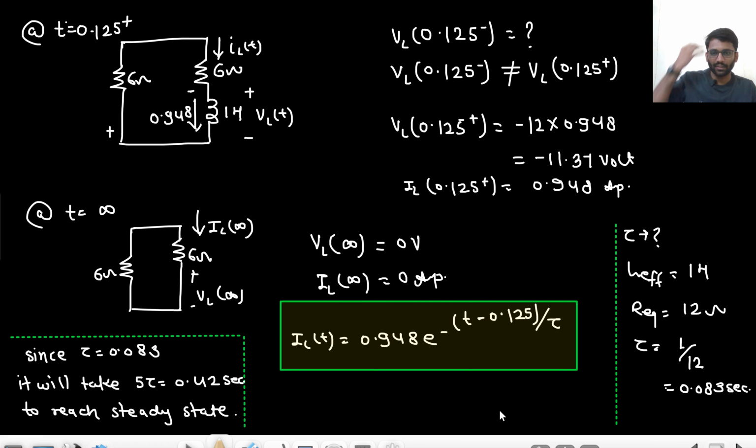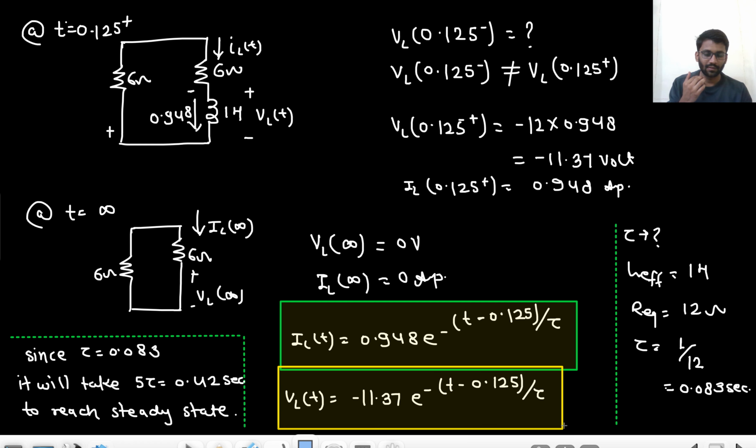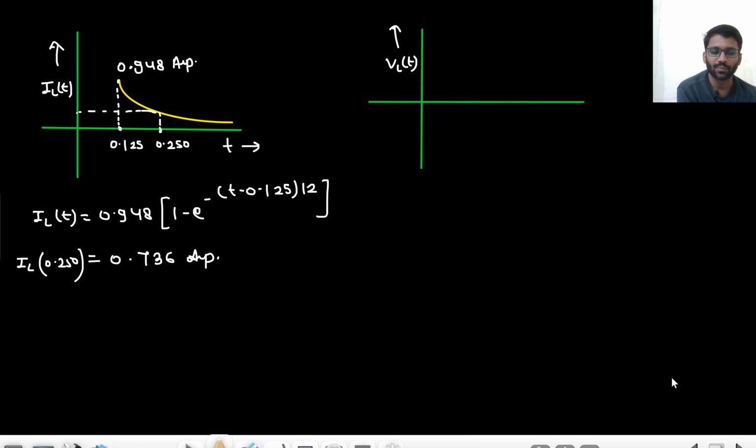Now we will comment on VL(t). VL is minus 11.37 volt and it is trying to go down to 0 volt.